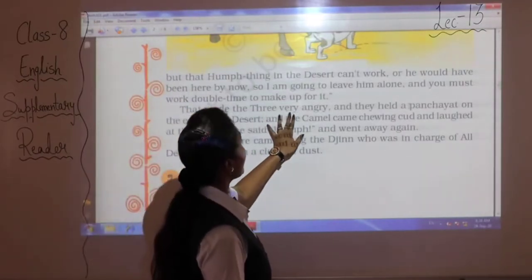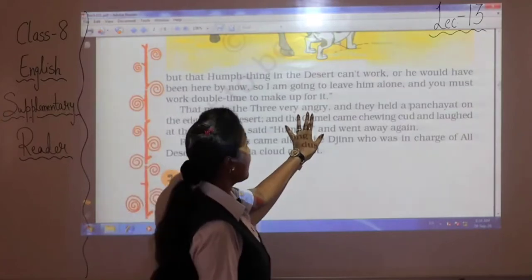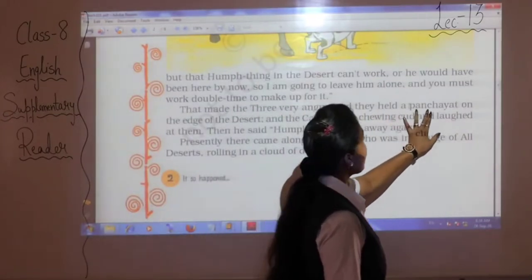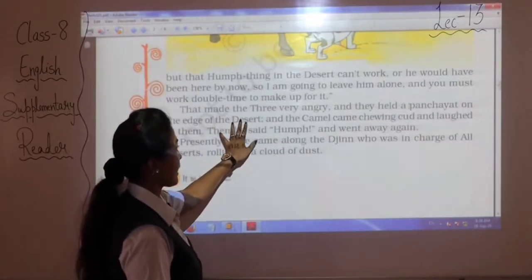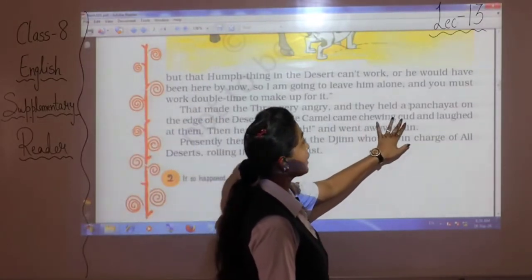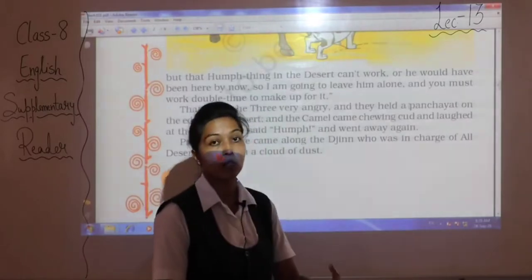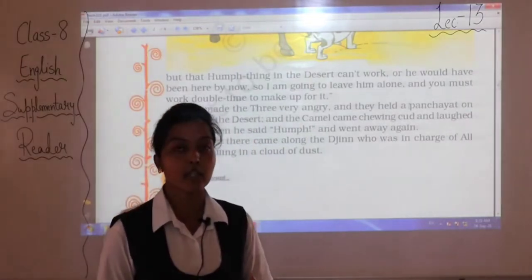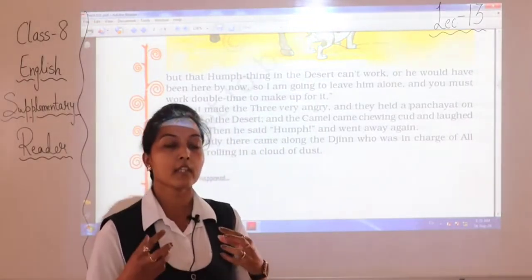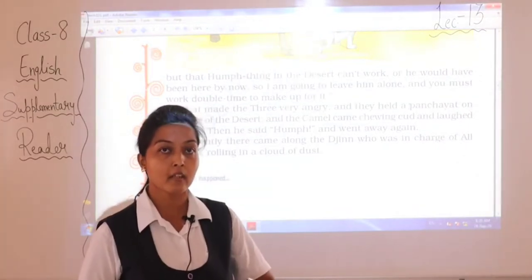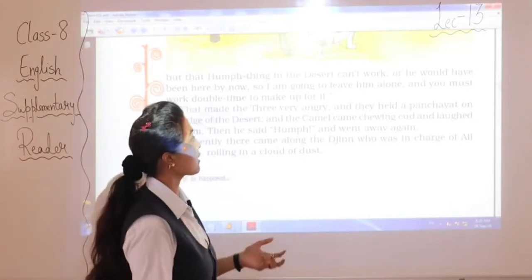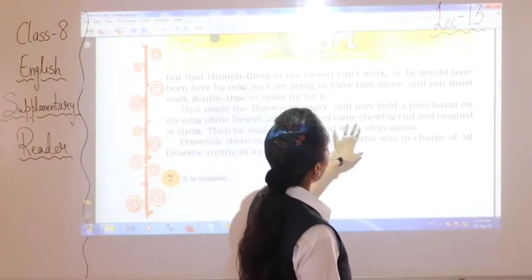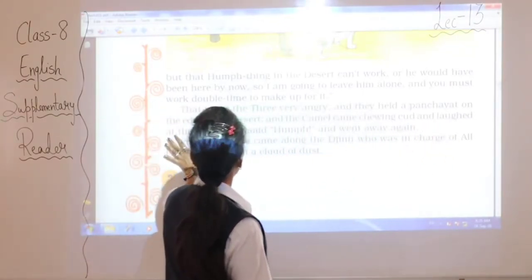That made the three very angry, and they held a panchayat on the edge of the desert, and the camel came chewing cud, that thing when some animals bring up the food from inside the stomach again into the mouth and chew, that is cud, and laughed at them.